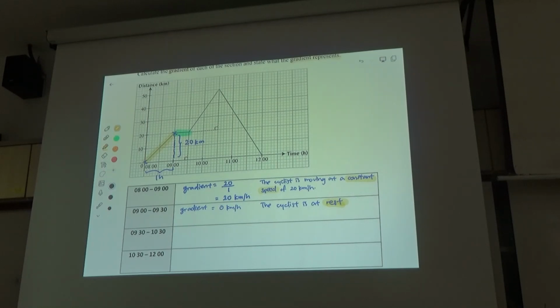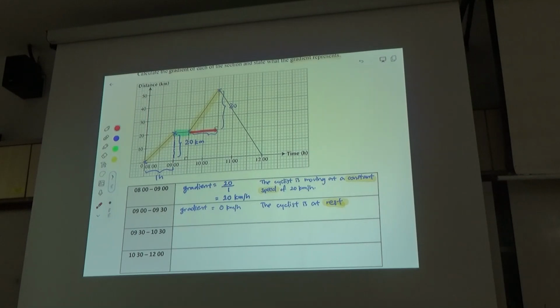Then, over here, between 9:30 to 10:30, we continue to find the gradient with the same idea that we had earlier on, marking out 2 points, observing for the rise and also the run. So the rise in this case, if you count the number of units, that is 30, because it is from 20 all the way to 50.